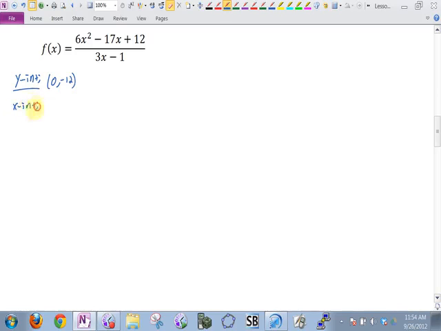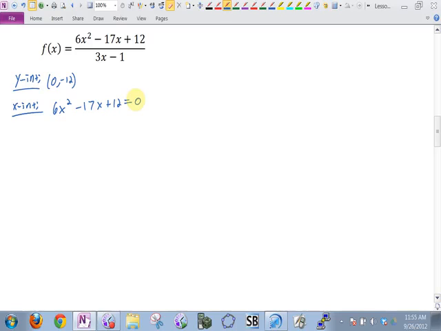X-intercepts. So set the top equal to 0, so 6x squared minus 17x plus 12 equals 0. Is that even factorable? Does anything multiply to 72, 6 times 12, and add up to negative 17?